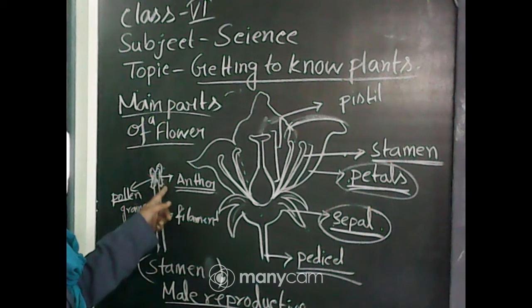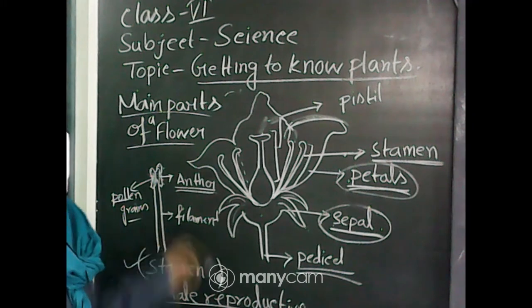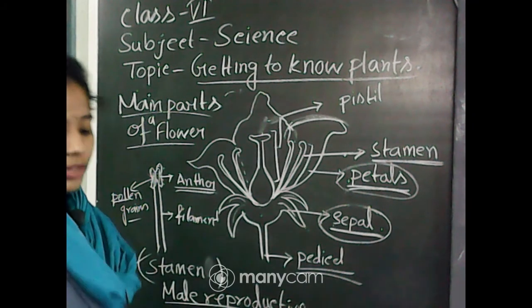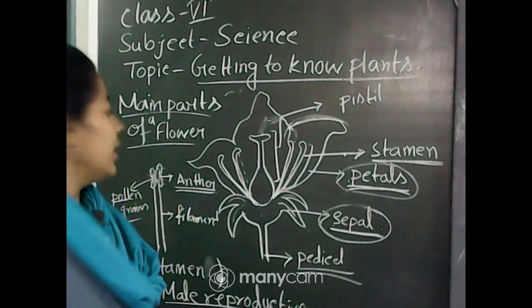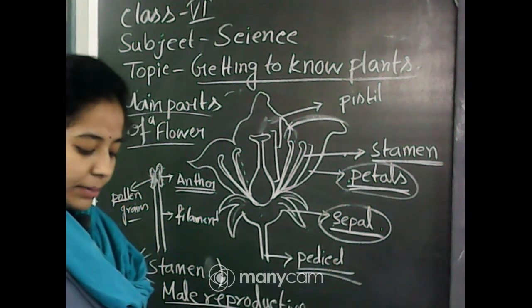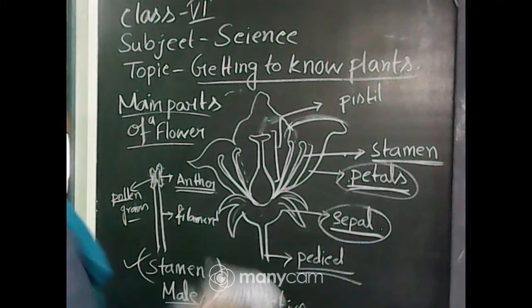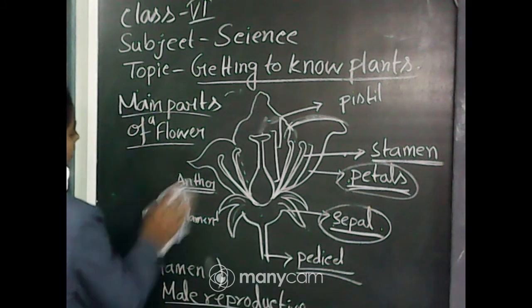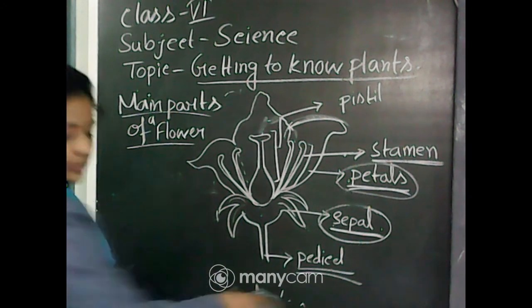This is the anther, the anther bears pollen grains, and this long portion is known as the filament. Understood everyone? Now we come to the female reproductive part. The female reproductive part in a plant is the pistil. Now, I have to rub out this figure of the stamen.